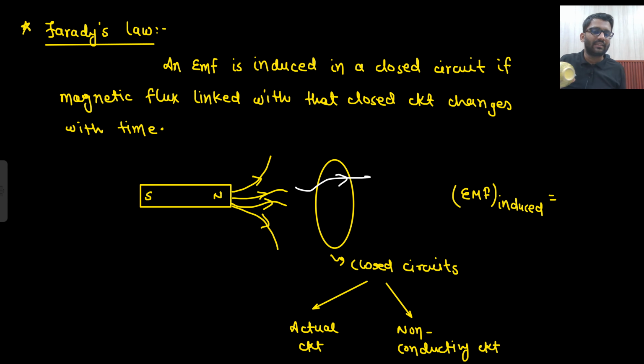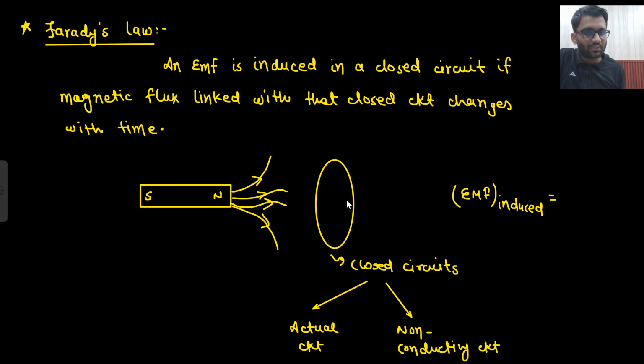The magnetic field is getting changed. If my magnet was here, then the magnetic field was something else. If I move it towards it, the magnetic field through this closed circuit will change. Do you agree to this point? If I take it near, the magnetic field will change. If I take it away from it, then also the magnetic field will change.